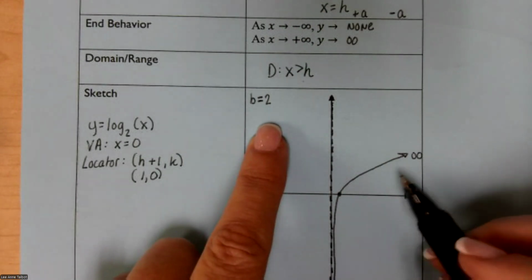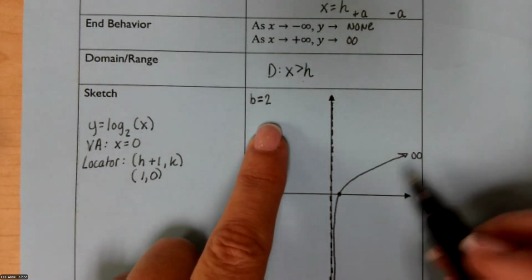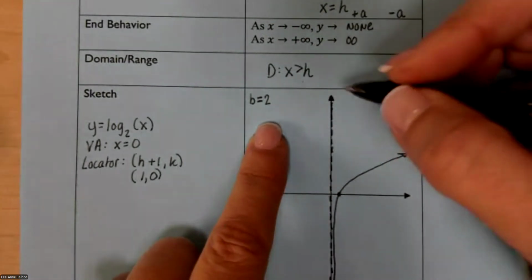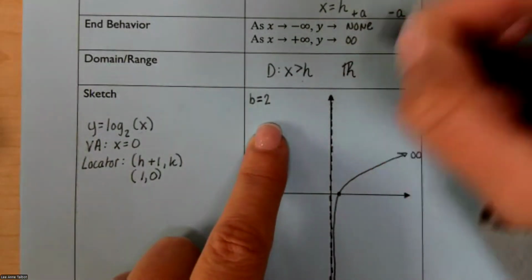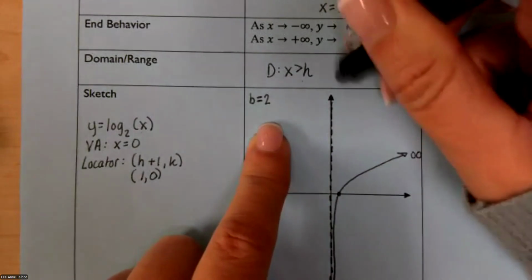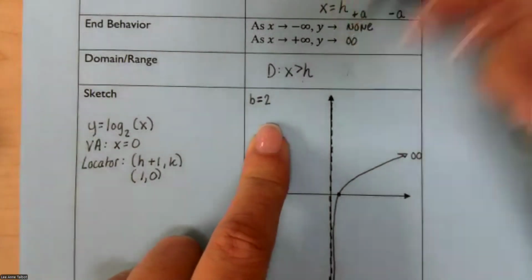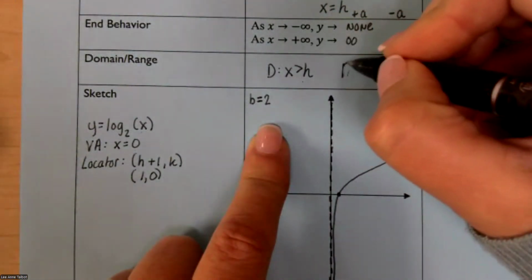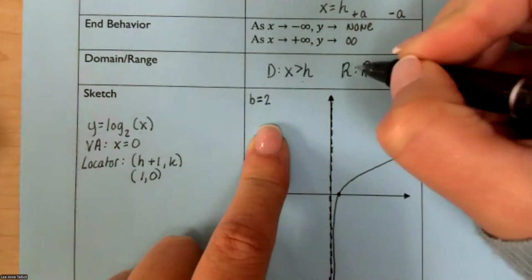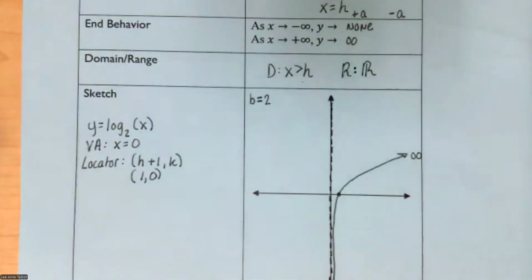And just plain greater because it's not going to touch the asymptote. And the range, that's the wrong R. The range is all reals because it goes forever up and down.